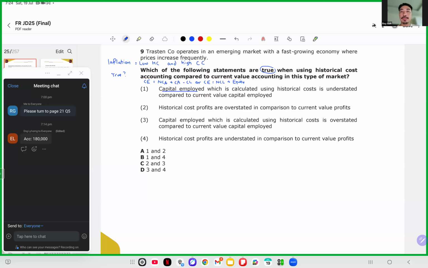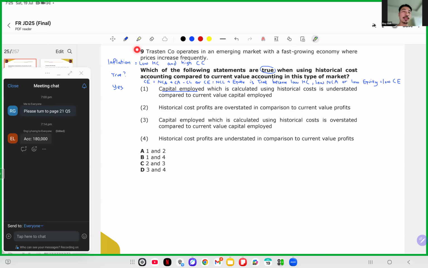Is it true? Of course. It's true because when you have low historical cost, you also have low non-current asset, or you have low equity because there's no revaluation reserve. Therefore, low capital employed. If you have a revaluation reserve, equity is high. But there isn't a revaluation reserve, so low equity is correct. Got that? So this is a true, yes.